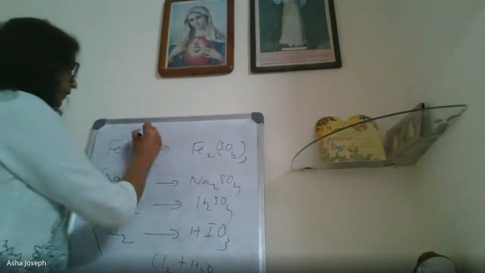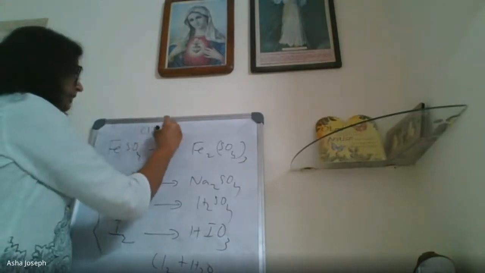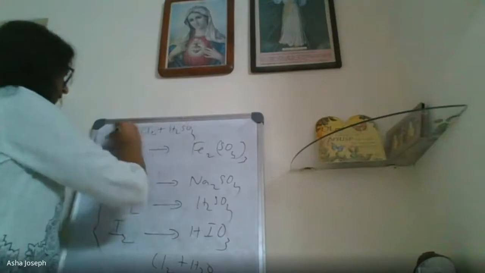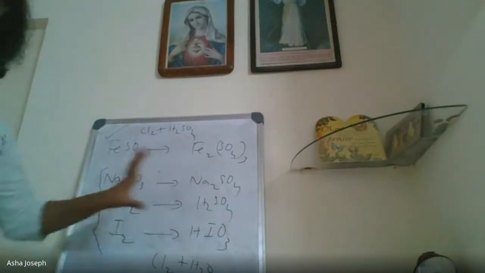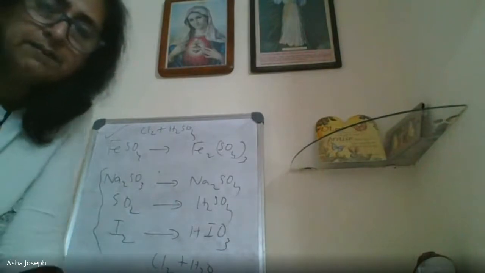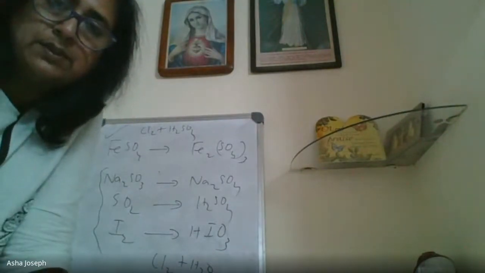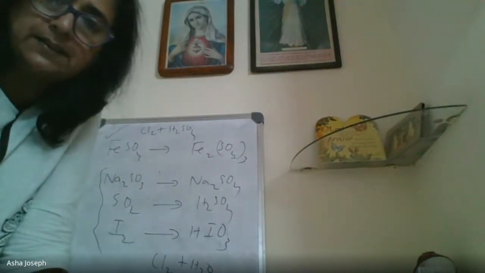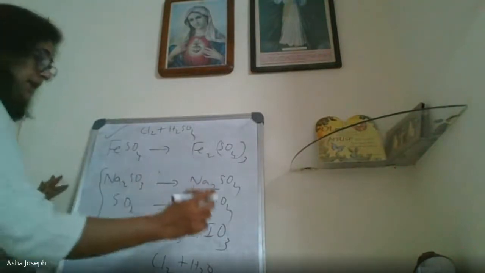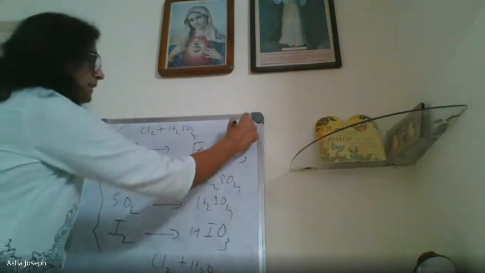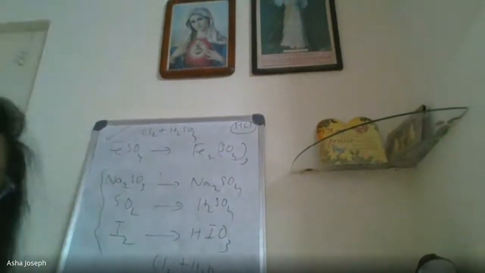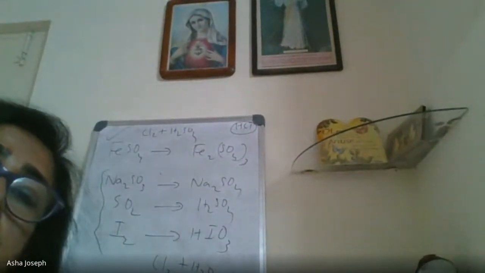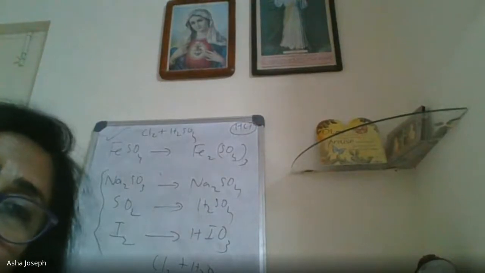Here only chlorine plus sulfuric acid. In the first case alone we use chlorine with the sulfuric acid. And another thing, the byproduct is HCl. If you learn by heart this much, then the equation is easy.